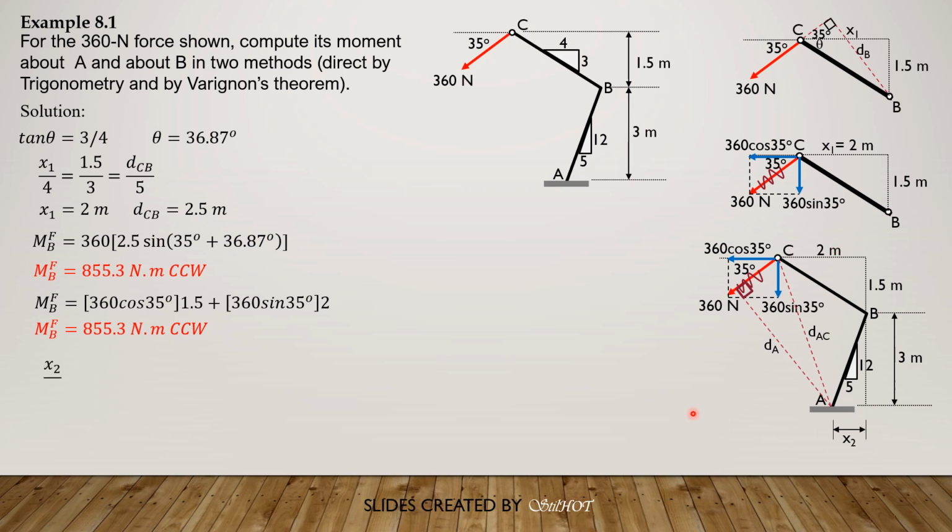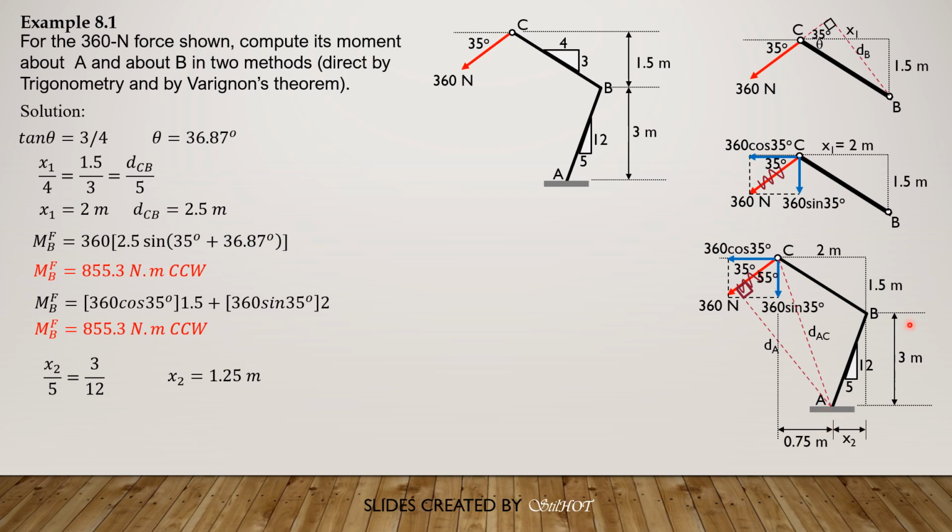minus x2. So let's solve for x2 first by similar triangles. x2 as to 5 equals 3 as to 12. So x sub 2 is equal to 1.25 meters. Then the horizontal distance between A and C is 2 minus x2, so 0.75. So distance AC can now be solved.